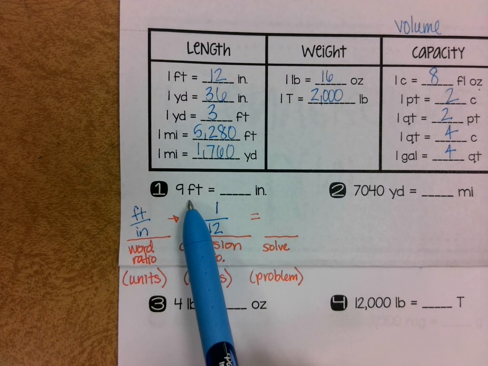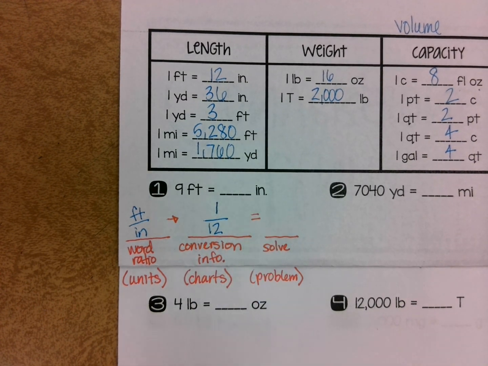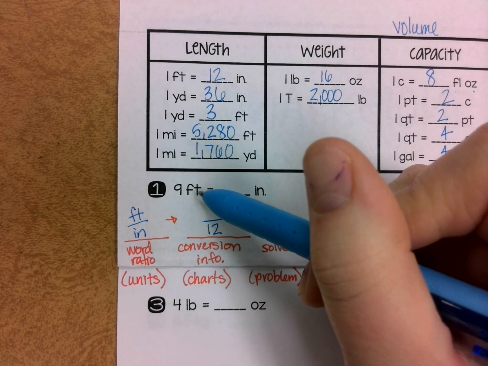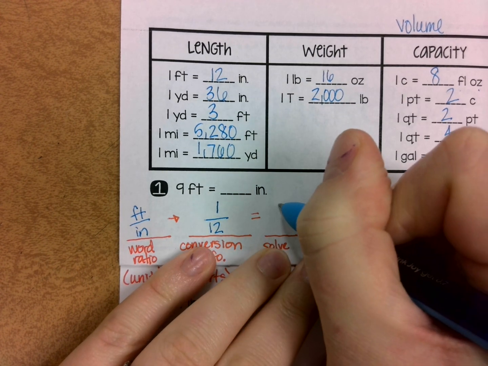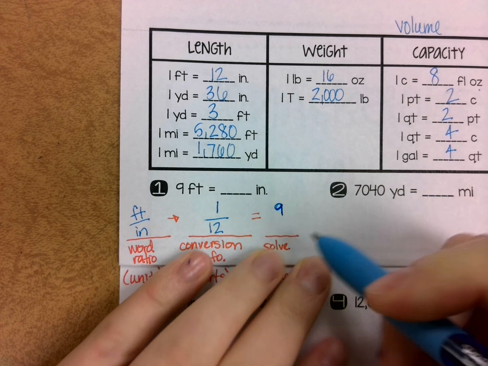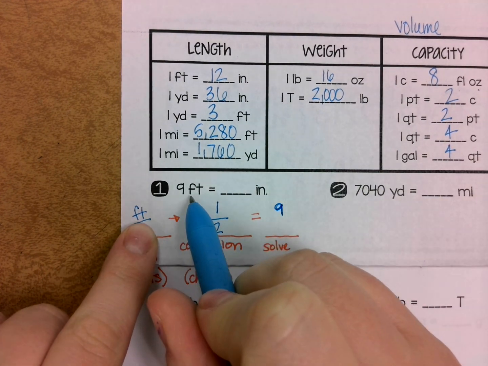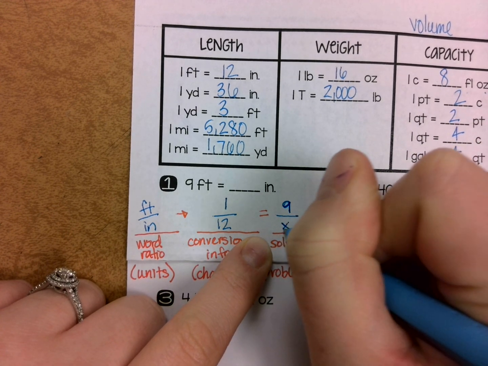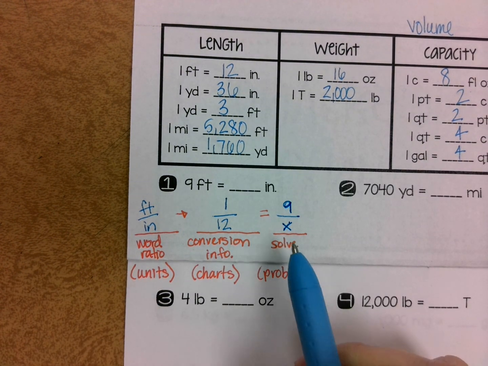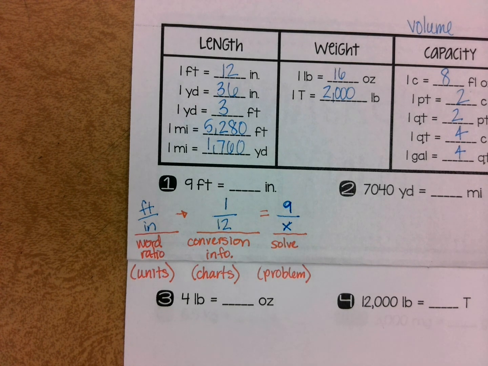So 9 feet is equal to how many inches? We want to take that 9 and put it on top. 9's going on top because that's a foot number. All my feet numbers go on top, and we don't know how many inches that is. So we're going to put a variable on the bottom.